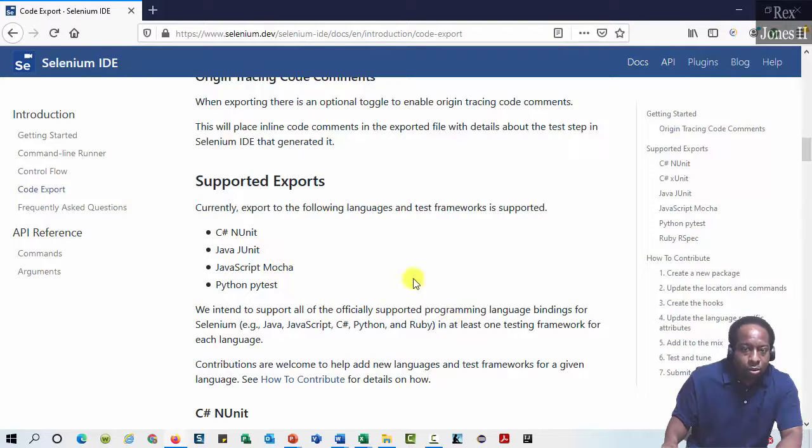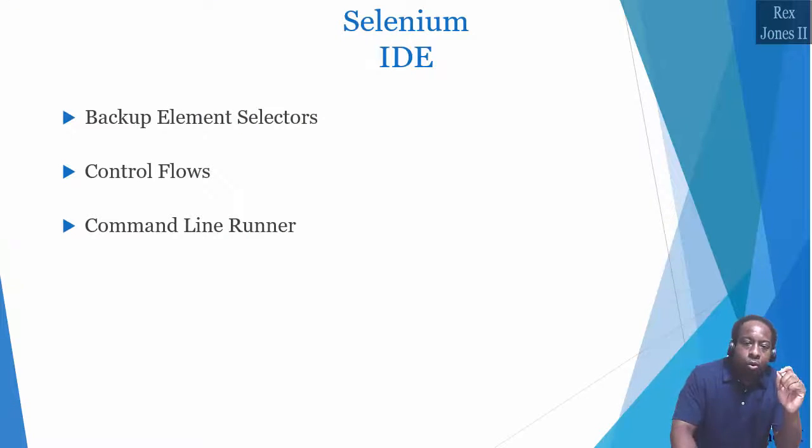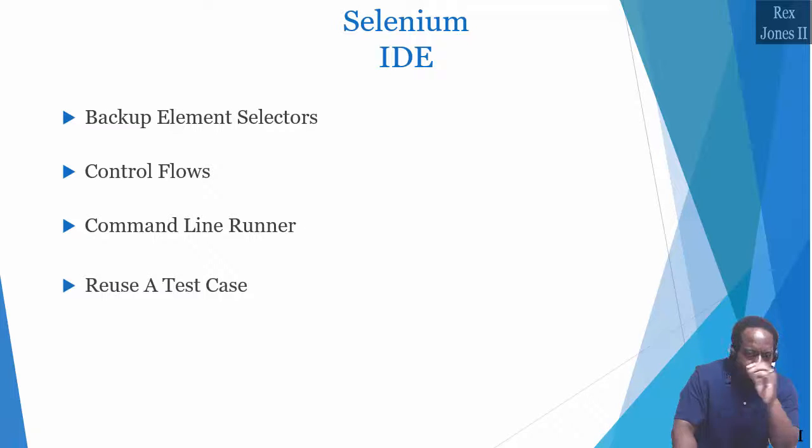We can also reuse a test case, implementing a run command. The run command executes a test from within another test. They also have another command called store, and store allows us to save a value that we can reuse later.